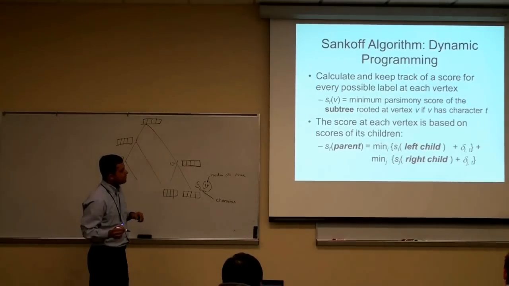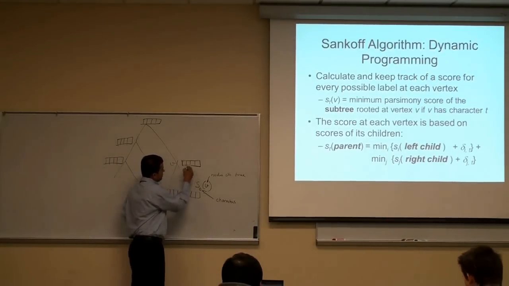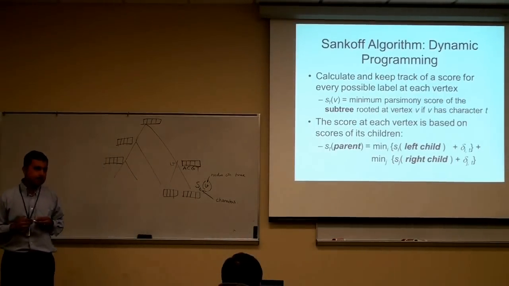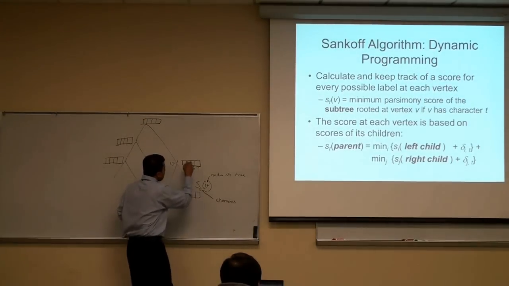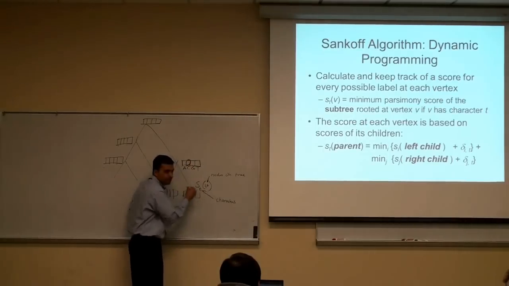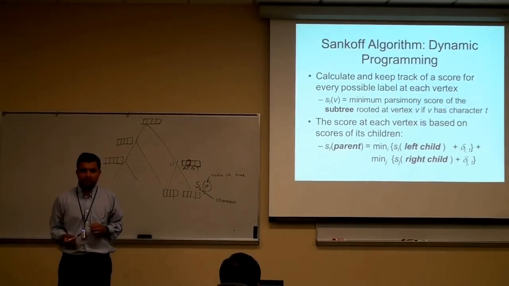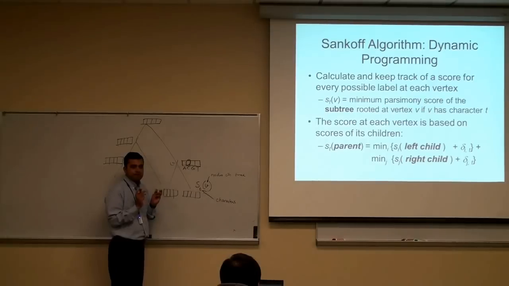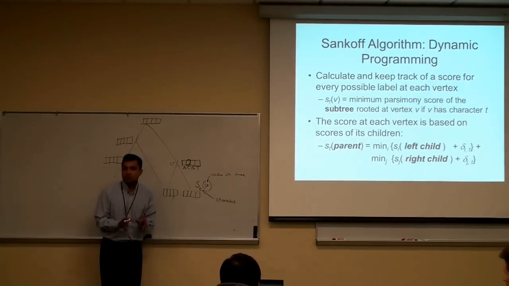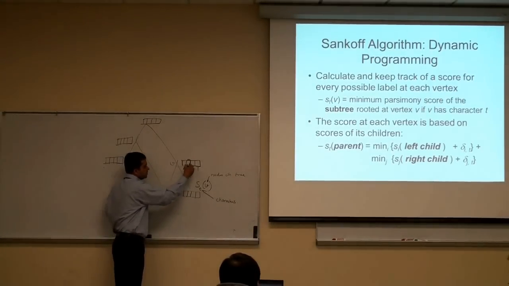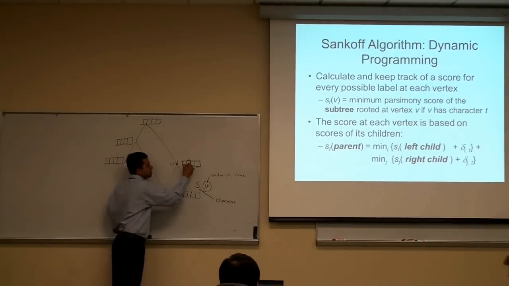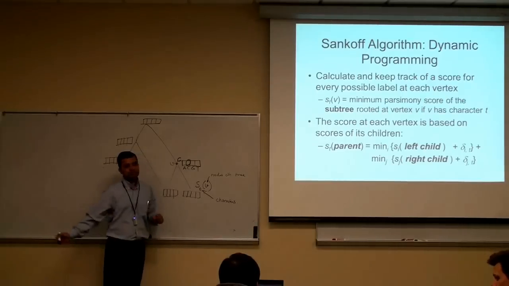And so in this case, the T would be A, C, G, or T. Now, the value of this variable is going to be the lowest parsimony score of the subtree rooted at this node if we placed a C at this root.